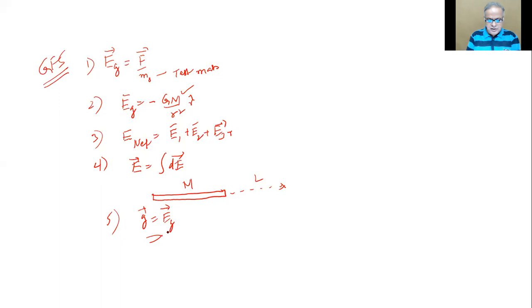Therefore, this E_G, though we define it as Newton per kg, will also be meters per second square. That means this has the dimensions and units of acceleration. So this is what we're talking about as far as gravitational fields are concerned until now. So we'll further continue from here.